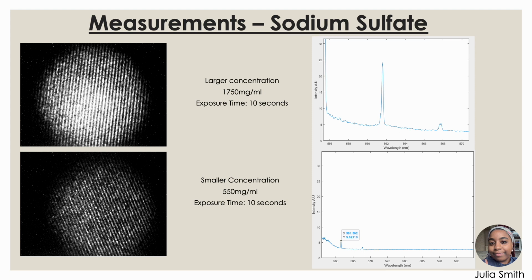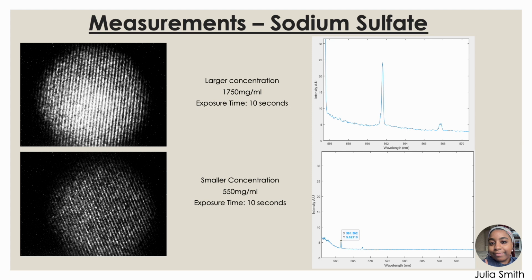So this slide shows two different comparisons of sodium sulfate, but one has a larger concentration, one has a smaller concentration. And they both have an exposure time of 10 seconds. So as you can see with the larger concentration, the fringes are brighter, they are more distinct, and with the corresponding spectra, the counts are higher, and you can more visibly see the doublet that we talked about in the last slide.